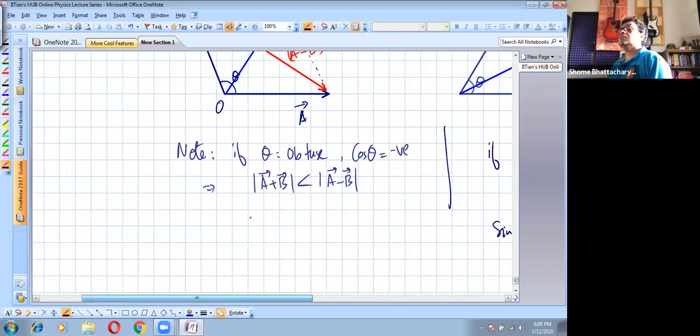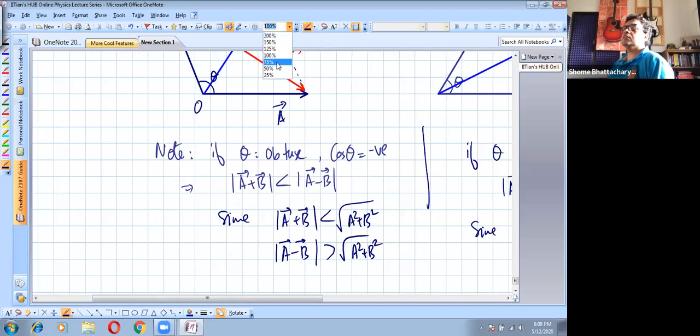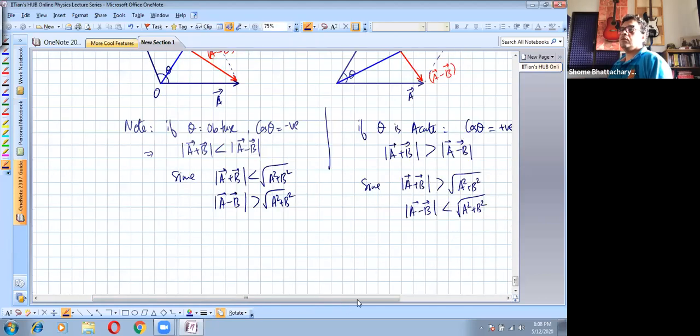Whereas in this case, cos theta is negative. So actually, mod of A plus B is the one which is less than the hypotenuse of a right angle triangle. And mod of A minus B is the one which becomes greater than the hypotenuse. So those inequality type of questions, this is one of the things that we keep in mind.